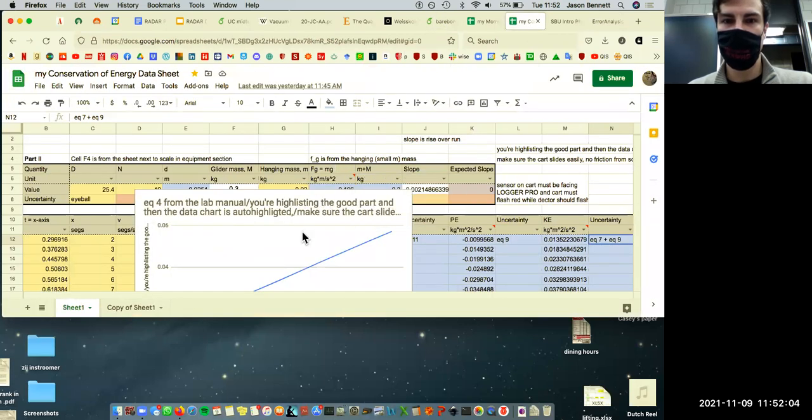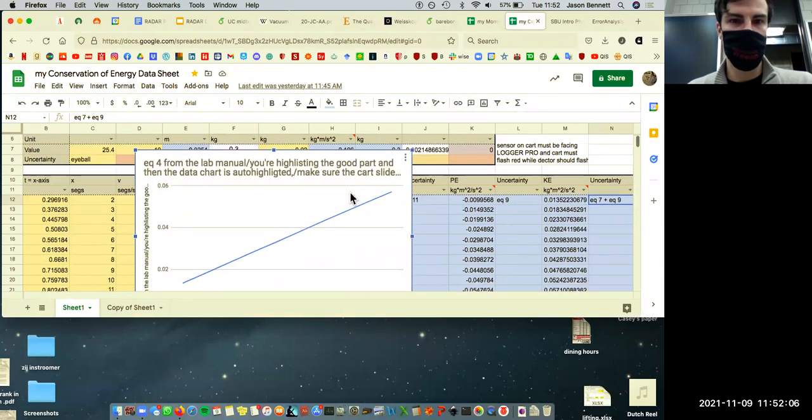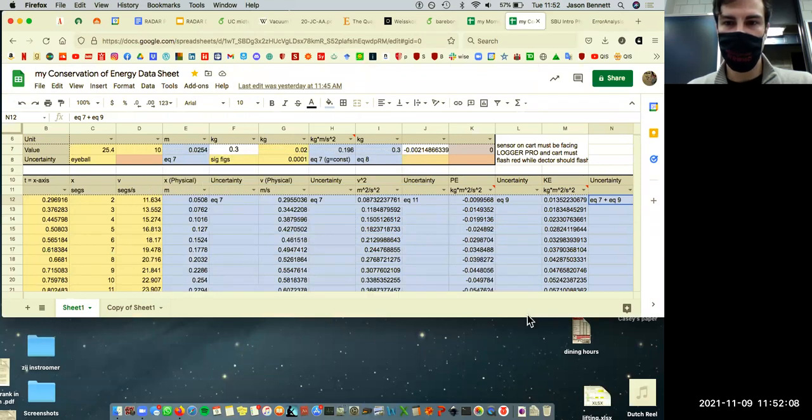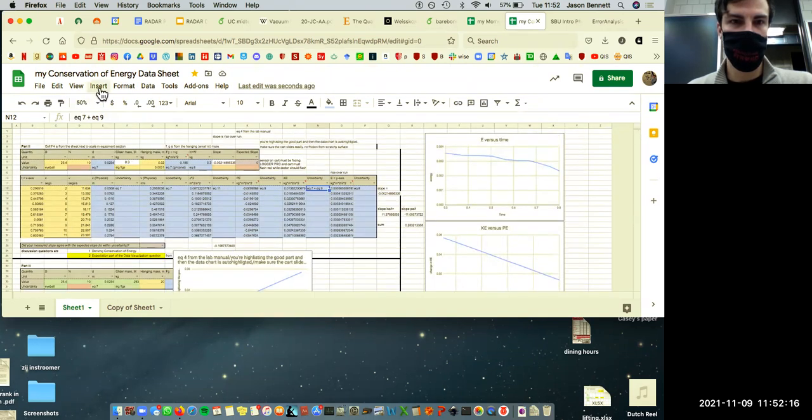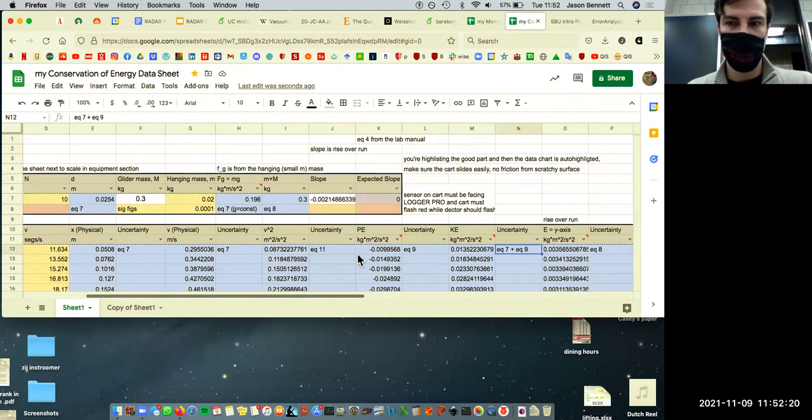This is from last week. In order to get this uncertainty, we have this because this was already a cell that we were given. So this is our A and the uncertainty of A correspondingly right there.